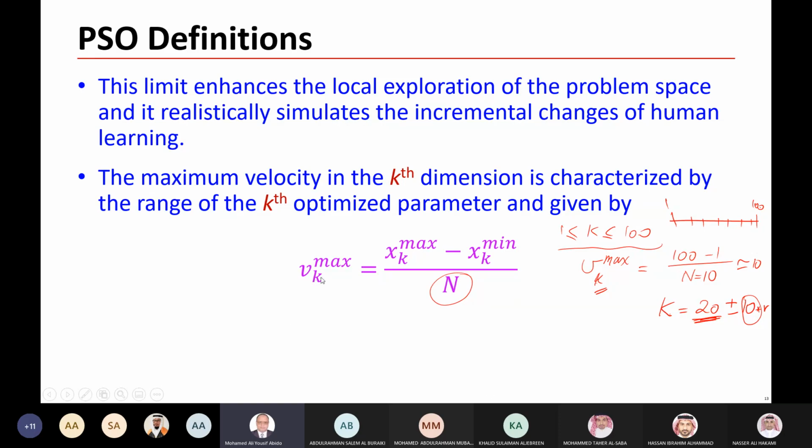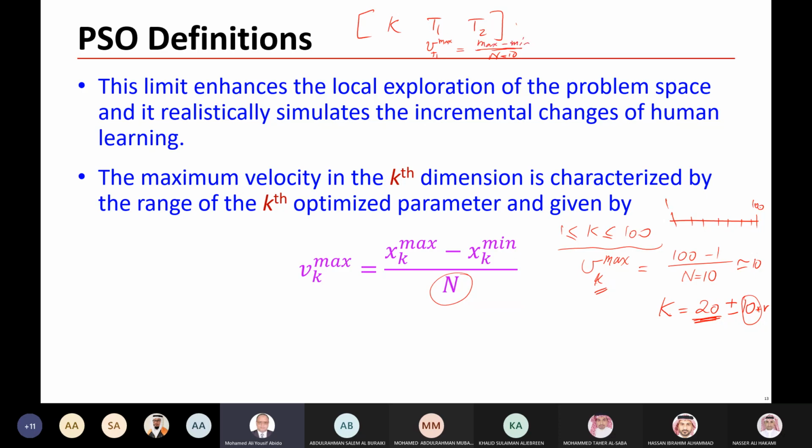So you also have a maximum velocity for T1. If you have a solution K, T1, T2, you are optimizing the parameters of the controllers. So you also have a velocity of T1 maximum, which is equal to the maximum minus the minimum, over n equal to 10.